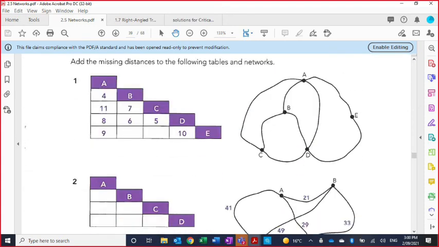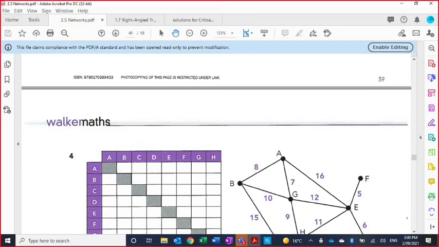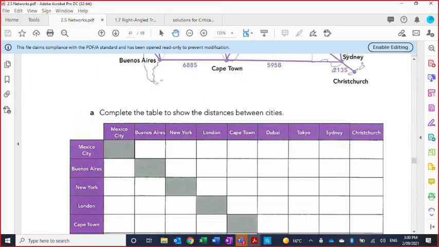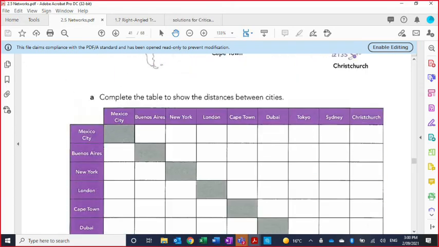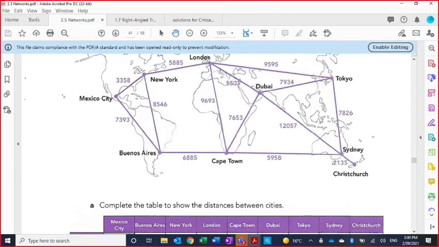So what we're going to do is you're going to be starting off with the table, and then they're going to give you some drawings, some maps that they've already drawn. You're going to fill those out. This one's already drawn. And then they're going to give you some others where they give you the map, the diagram, and you need to complete the table. Okay? So we can look at this, for example.